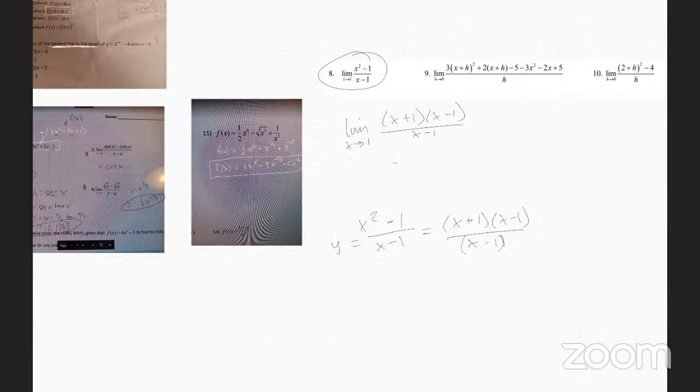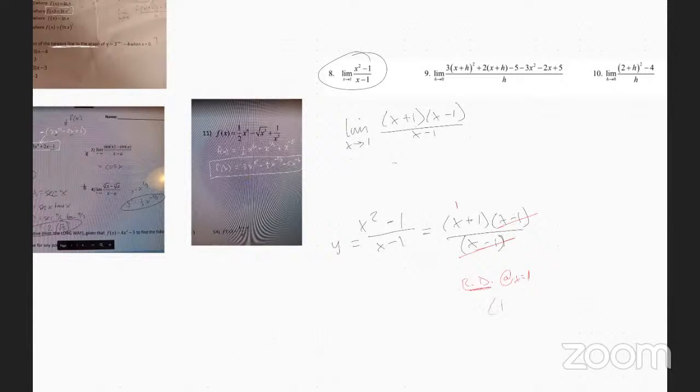You with me? Yes. Okay. Do you remember doing this before? That means there's a removable discontinuity or a hole, yeah, at x equals 1. So if x equals 1, then I plug 1 into the remaining, so this just equals x plus 1. So there's a hole at 1 comma 2.